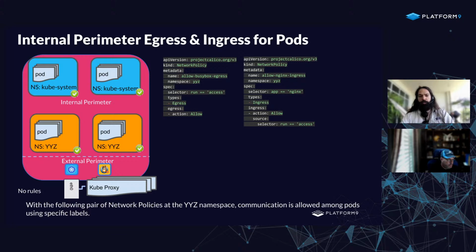So at that point, our BCBox pod is able to talk to the Nginx one. From one side we are specifically describing egress traffic, and on the other we are describing how the ingress should be flowing.